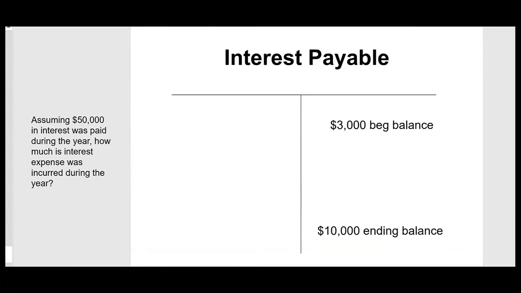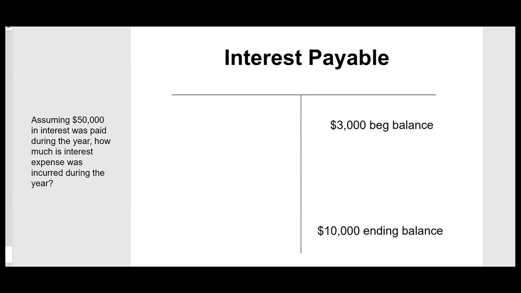Now what they might do on the CPA FAR exam is they might give you a T account like this for interest payable. And they might say that $3,000 was the beginning balance of interest payable and $10,000 was the ending balance of interest payable. And they might ask you how much interest expense was incurred during the year if $50,000 in interest was paid. So you have $50,000 cash interest paid.